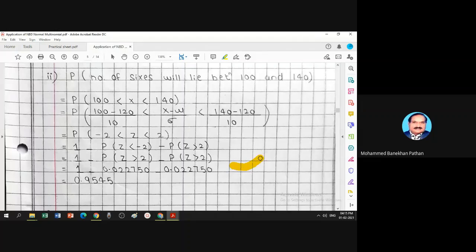Draw the graph, symmetric at point 0, and minus 2 will be somewhere here, plus 2 will be somewhere here.